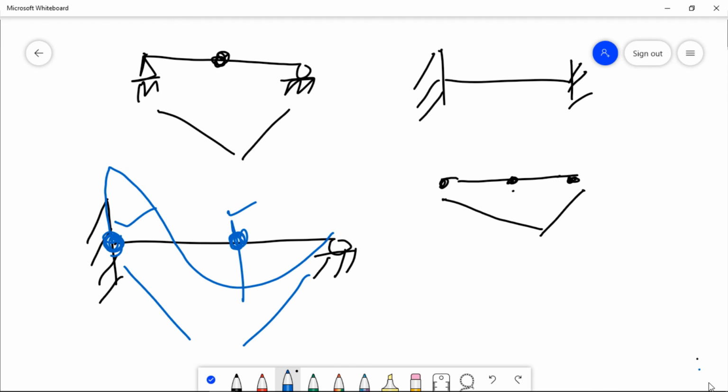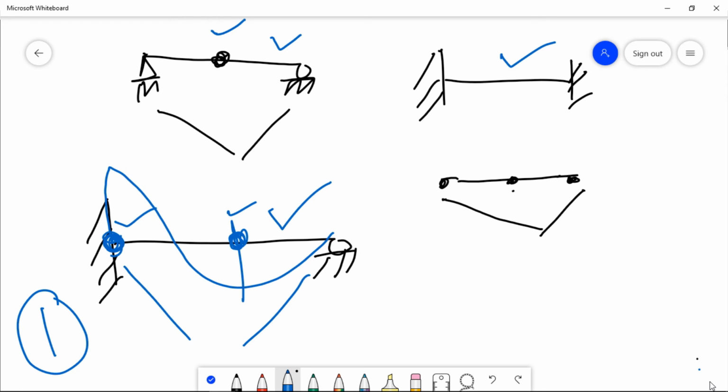You may observe that this is a determinate structure, that is an indeterminate structure, and that is again an indeterminate structure. An indeterminate structure needs more than one hinge for collapse. In this propped cantilever beam, you can see the degree of indeterminacy is 1.